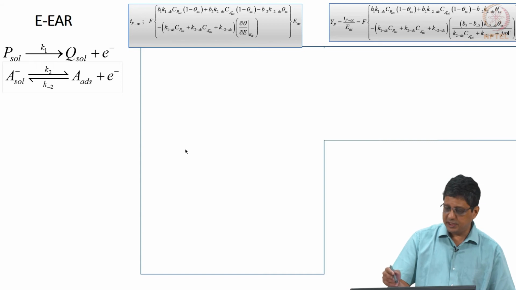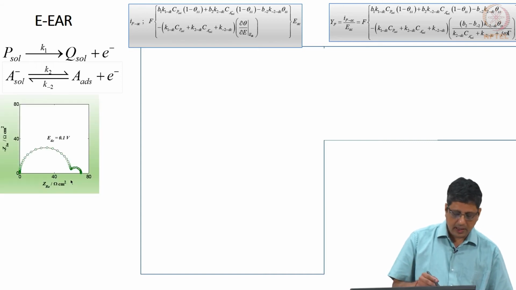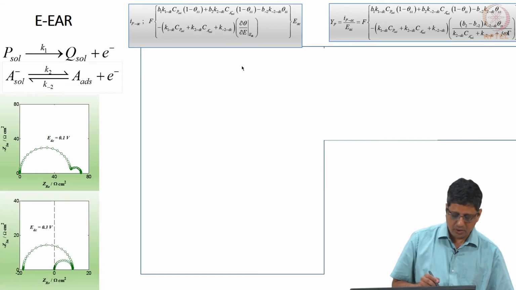So, I can write the expression for this, and for a set of kinetic parameters which I have given in the earlier slide, you can show that this is how the patterns will come in the complex plane representation, minus imaginary of impedance versus the real value of impedance.